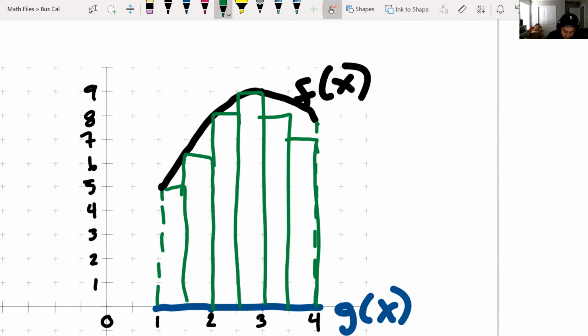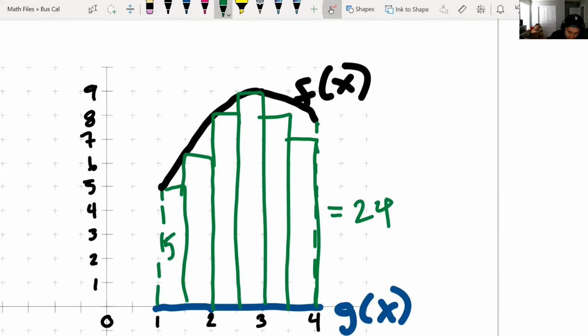And believe it or not, if you added up the area of all these rectangles together, this would give you 24, or something close to 24. Because let me see this first rectangle. This would be probably an area of 5.